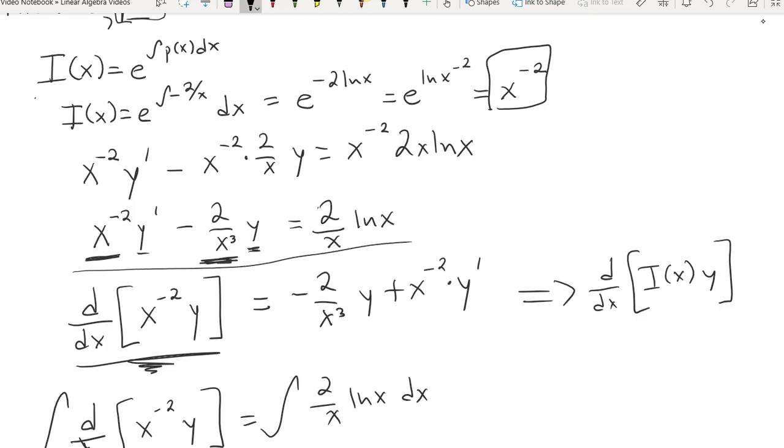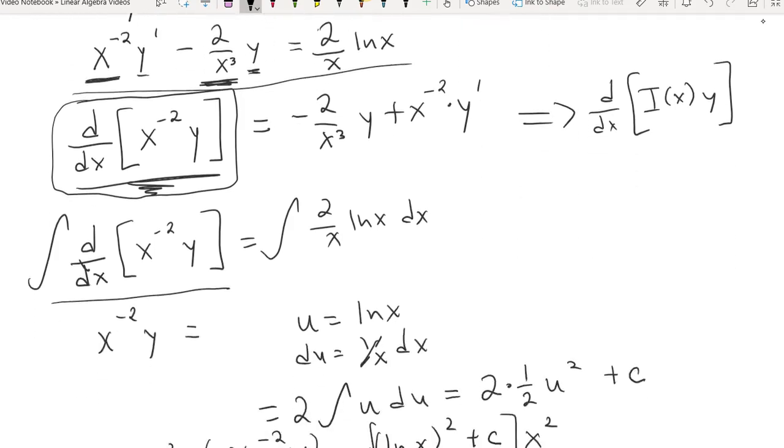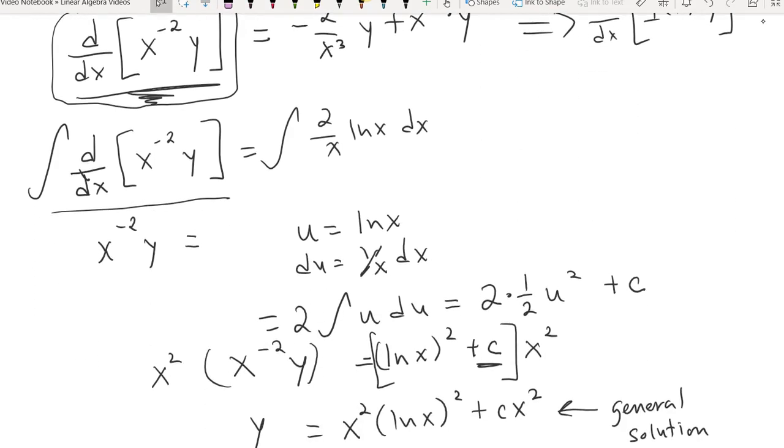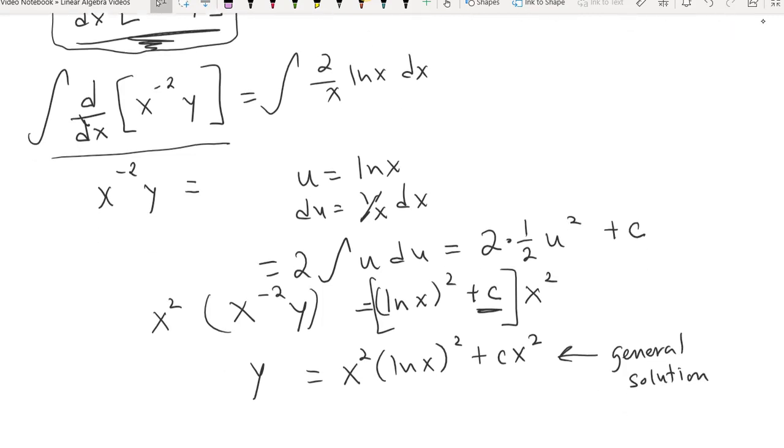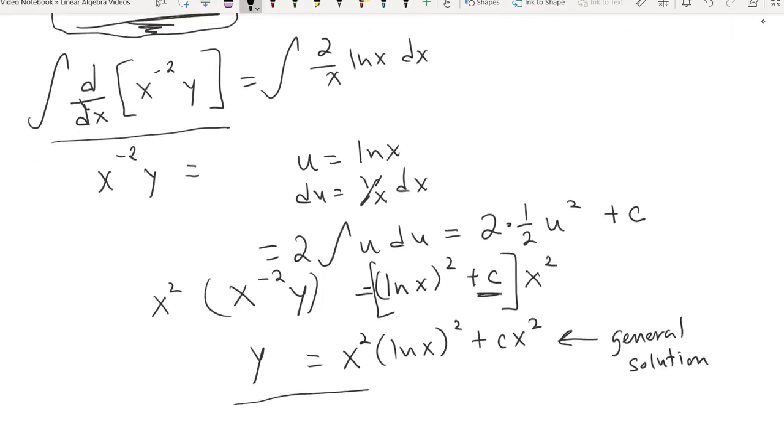You can construct your left-hand side by using d dx of I x y. And then on your right-hand side, you have to make sure that you multiply through by the integrating factor. Then, like we always do with differential equations, we integrate both sides. After integration of both sides, we end up with our general solution. And that is how we utilize the integrating factor to solve first-order linear differential equations.